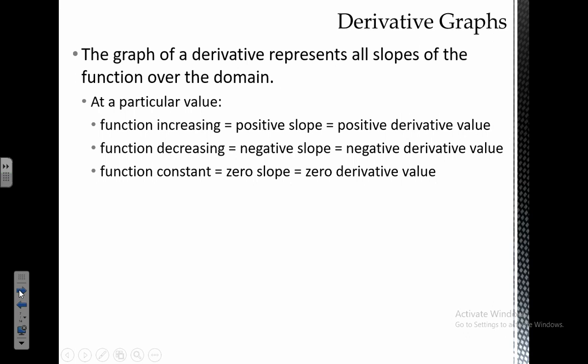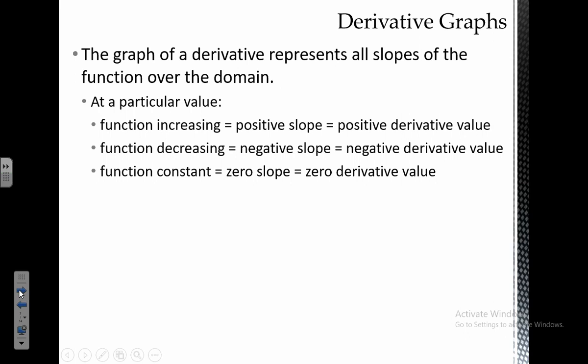If we see a function that's increasing, that means negative derivatives. Well, for that part of the domain, your derivative graph should be under the x-axis because that would be negative derivatives. Did I just say that backwards?